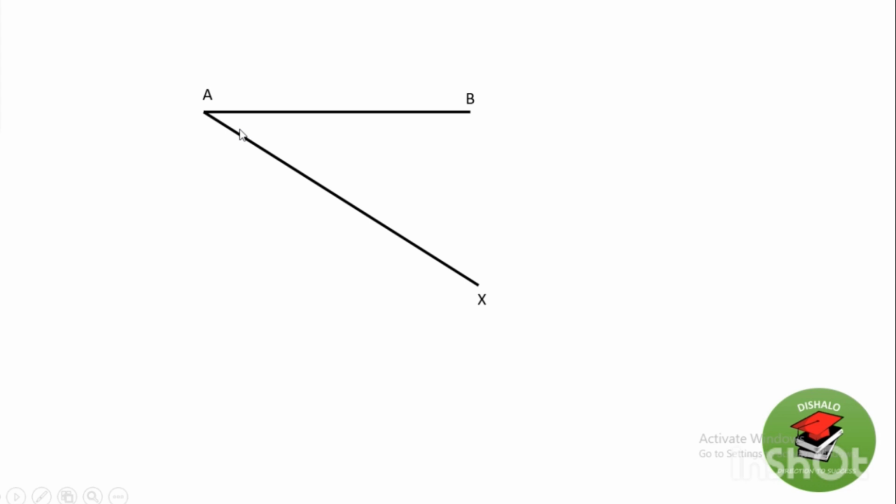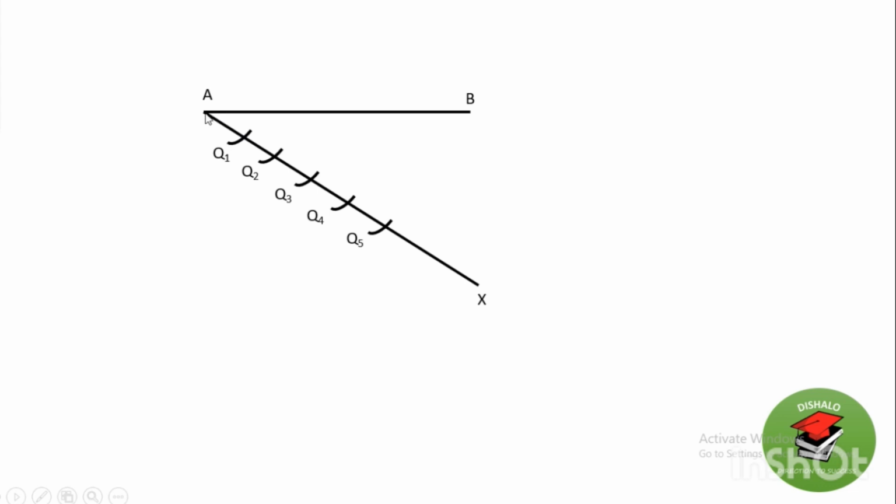Now, since the ratio was 2:3, we'll divide this line AX into 5 equal parts. Why? Because 2 plus 3 is 5. So 1, 2, 3, 4, 5, and name them Q1, Q2, Q3, Q4, Q5. Actually, it should be X1, X2, X3, X4, X5, or A1, A2, A3, A4, A5.